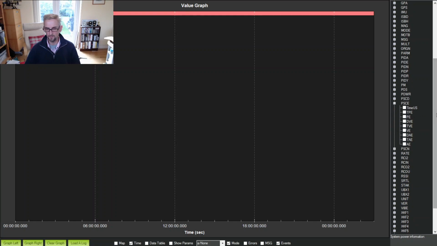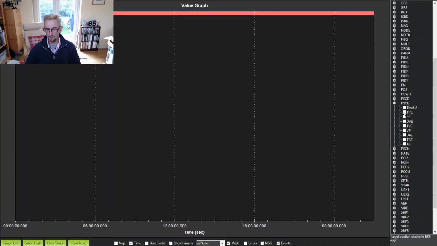Okay, so what we've got here is the target position, the actual position, desired velocity, target velocity, actual velocity, desired acceleration, target acceleration, actual acceleration.